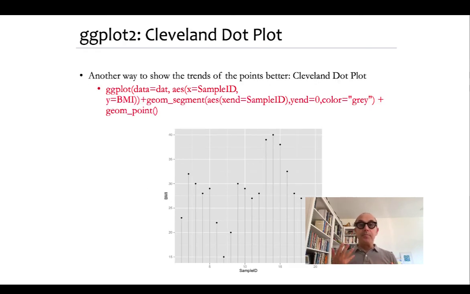Another way to show trends better is the Cleveland dot plot. Again, this is how to show some connection or similarity, so that when the viewer sees it, it will make more sense.